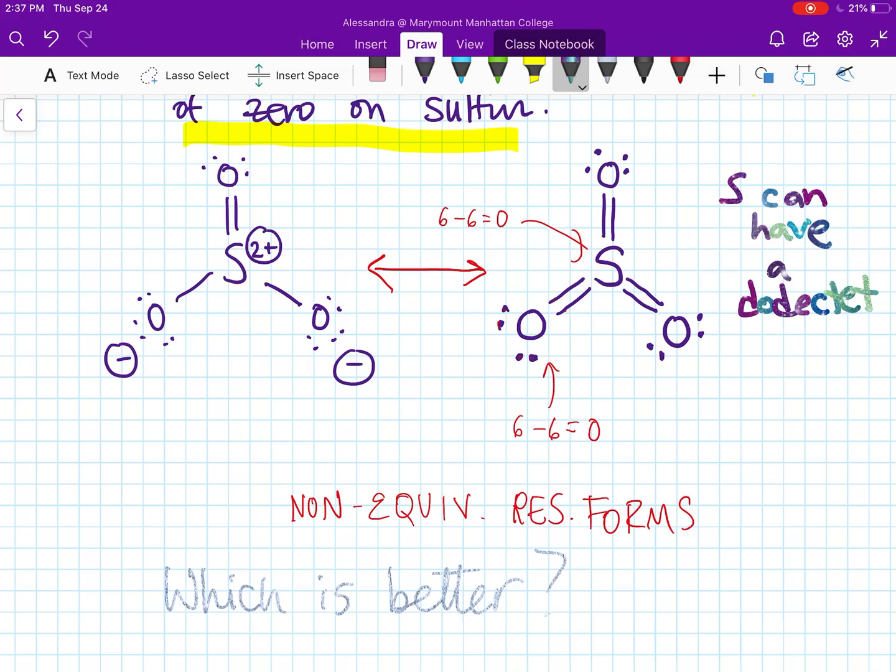It's just fine expanding its octet this way. So this resonance structure is actually going to be preferred because the octet rule doesn't matter in this case, and this is the one that really minimizes formal charges. So the truth of the molecule is actually closest to this structure, which has the formal charge of 0 on sulfur and the dodectet.